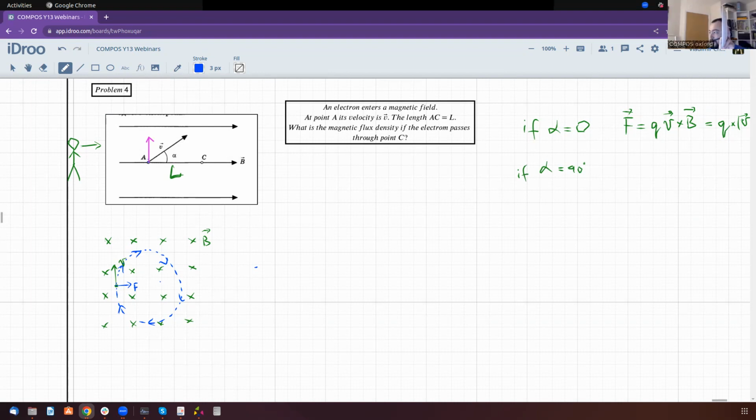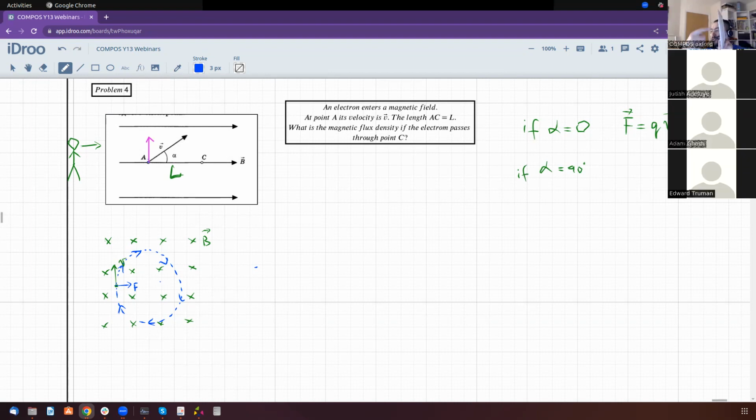Do you see me? So it would travel like this. I'm going to use my duck. The electron is traveling like this, but also it is traveling sideways. So what kind of movement is this? What do we call that?